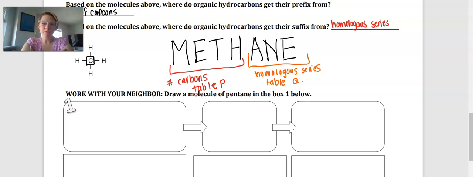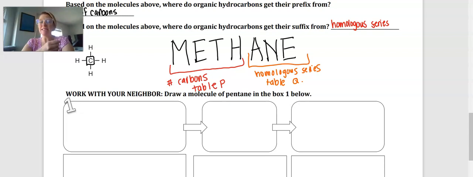So just as a quick review, when we're naming hydrocarbons, we have two steps. Step one, we identify the number of carbons. The number of carbons is going to give us the prefix of our name. So, for example, meth, eth, prop, but, pent, and so on, based on our number of carbons.